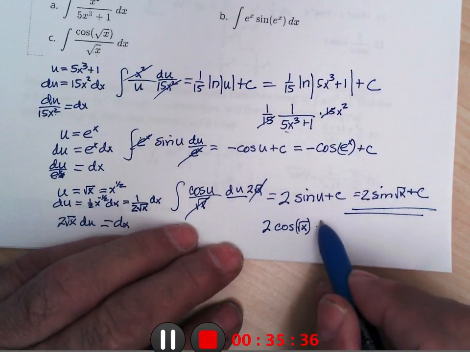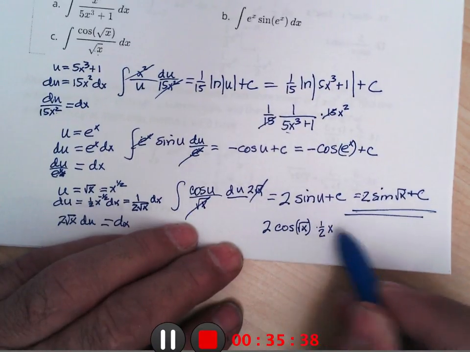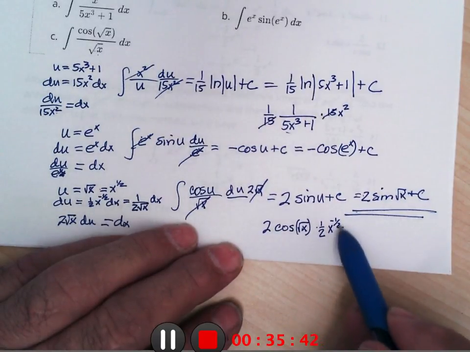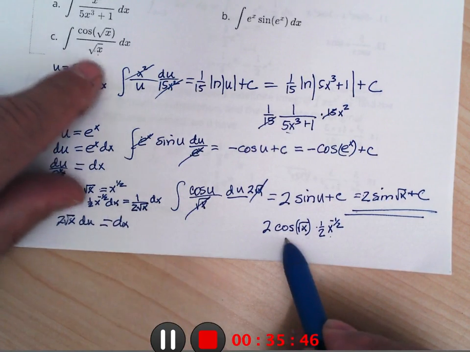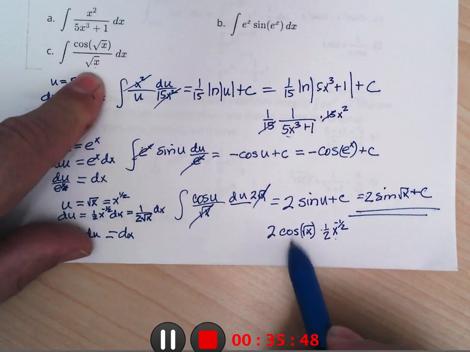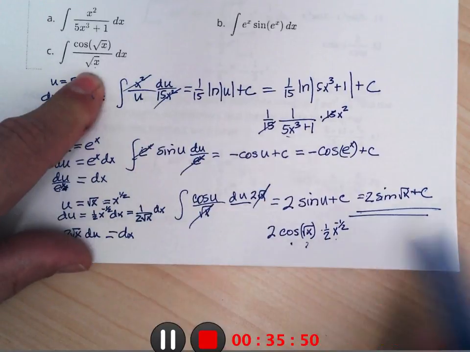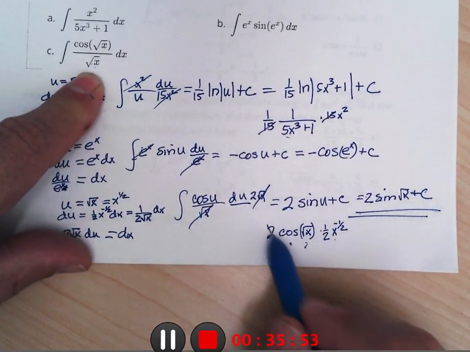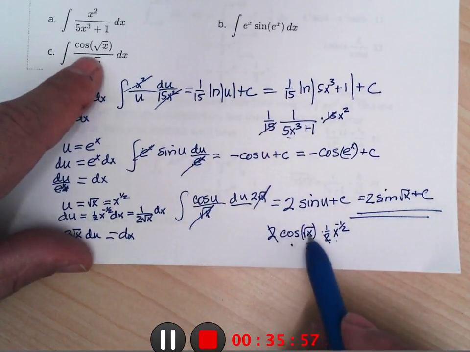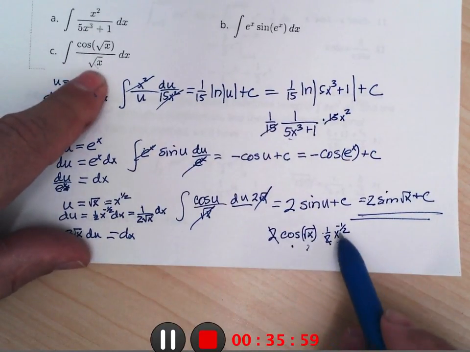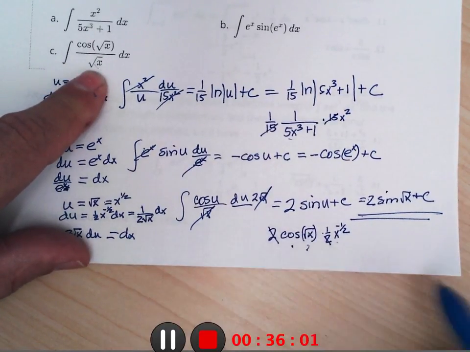Minus 1/2 means square root of x in the denominator, which is what we were hoping to get. And the 2 cancels the half, and so we get cosine of square root of x over square root of x. So it checks out.